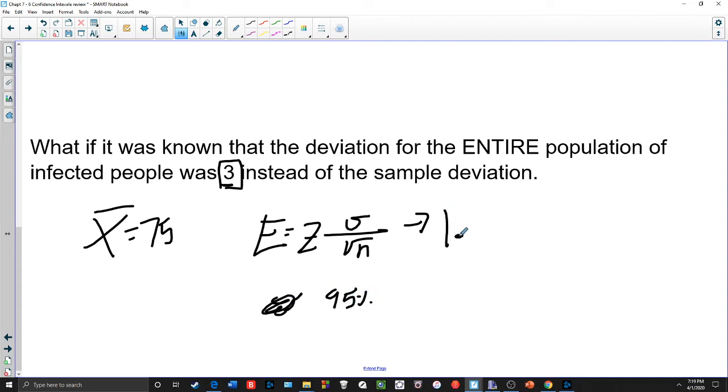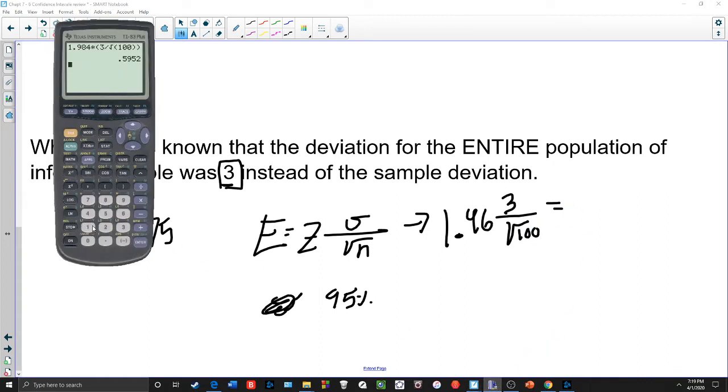That's 1.96. Again, that's just a commonly memorized number for a z-table. And then we have our sigma over root 100. And then we get our margin of error here. So 1.96 times 3 over 10, because that's what the square root of 100 is. And we get 0.588.